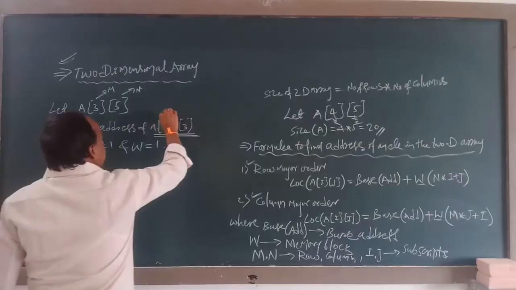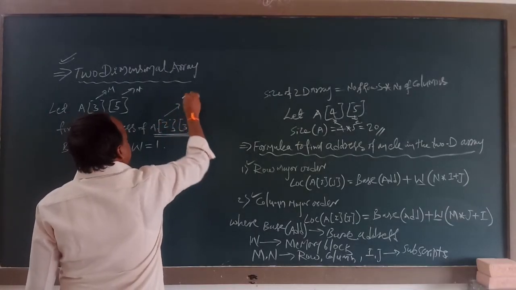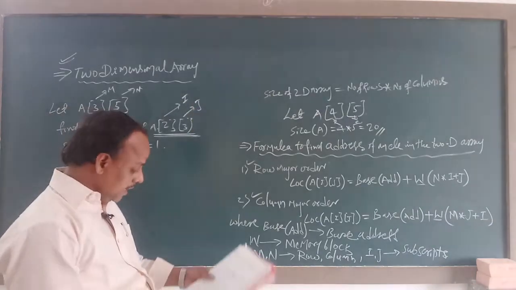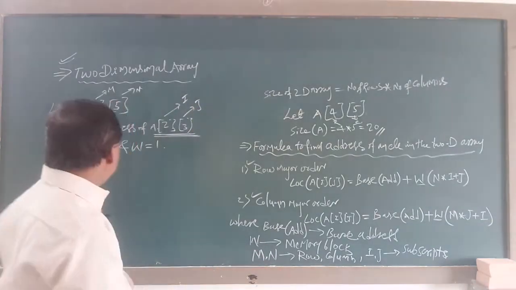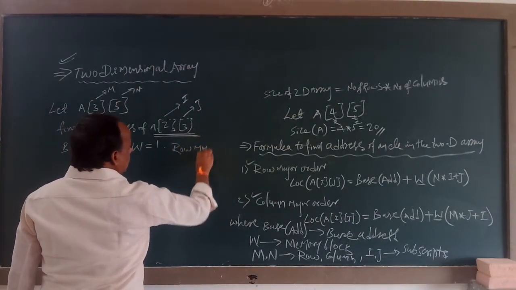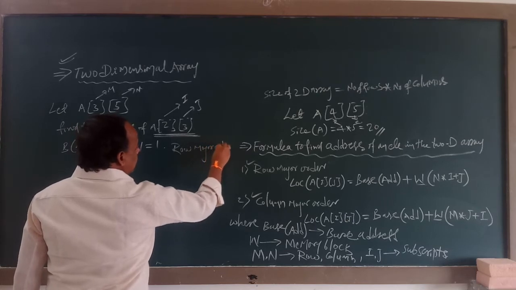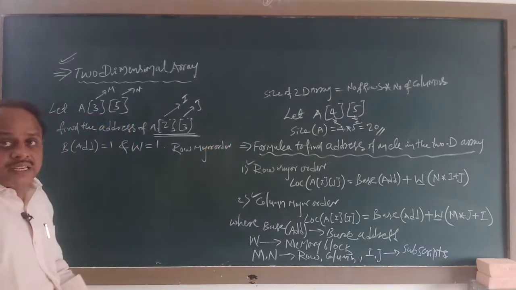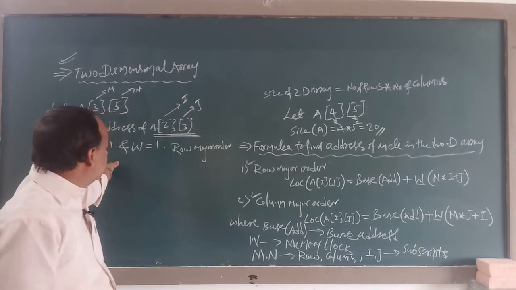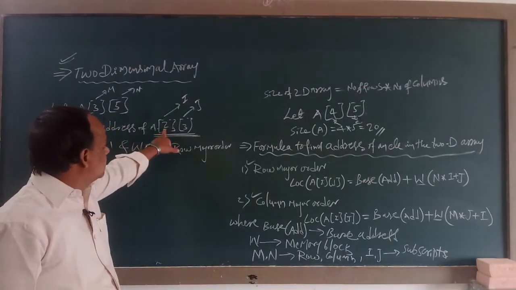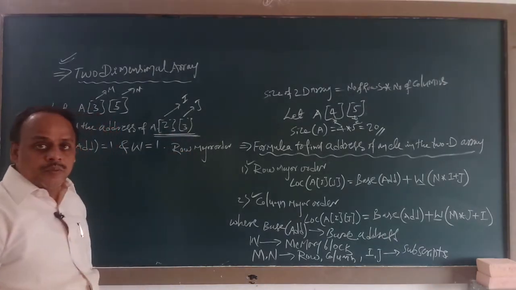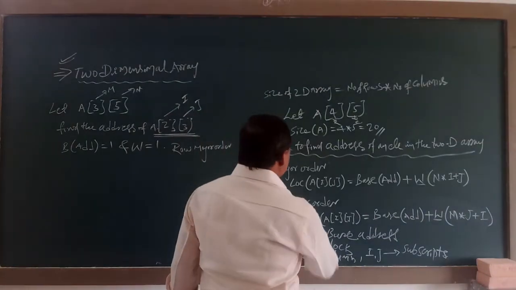Here 2 indicates subscript I, and 3 indicates subscript j, in row major order. So like this he is going to give data, and with the help of this data we have to find the address of this memory location. So row major order means we have to consider this formula.